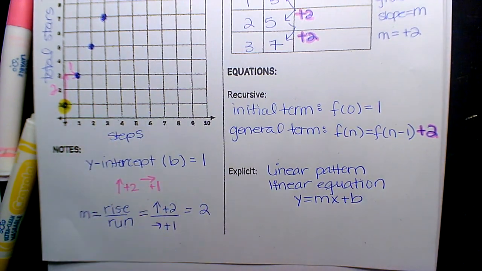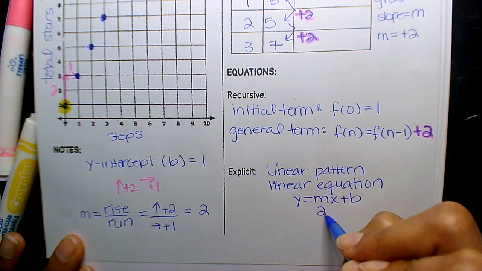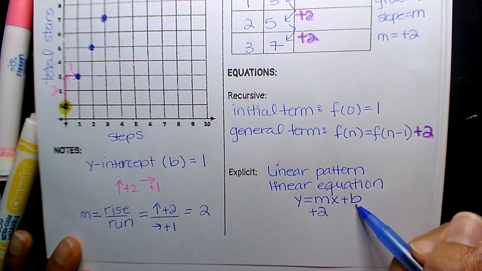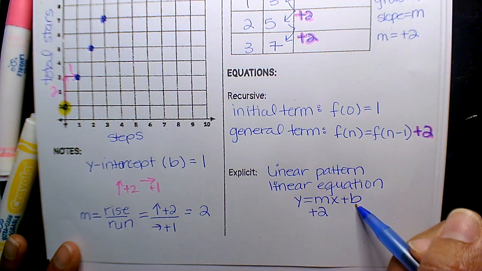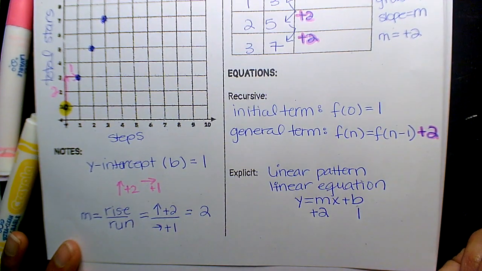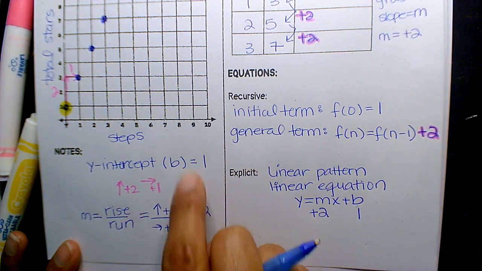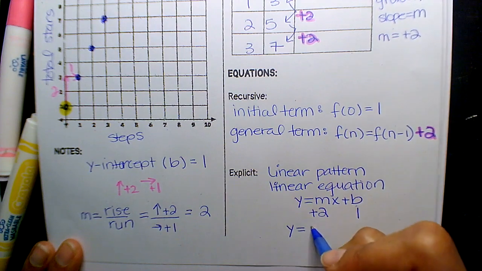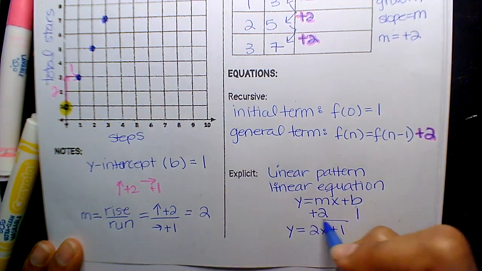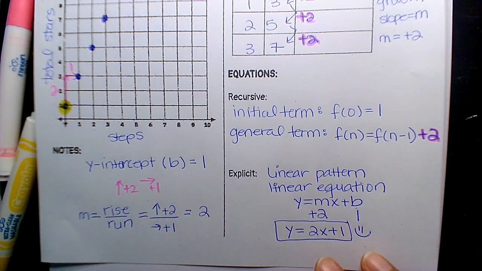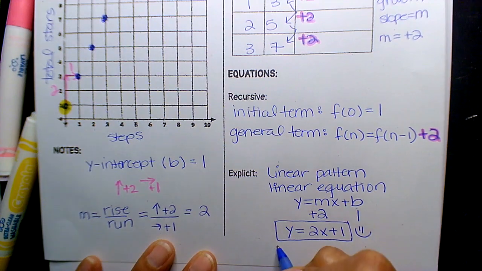From the graph, my slope is positive 2 because I go up 2 stars each time. And in the very first step, step 0 had 1 star, so it's just 1. That's my b value. If you give me 2x plus 1, I give you perfect credit. However, we're supposed to be talking about function notation.